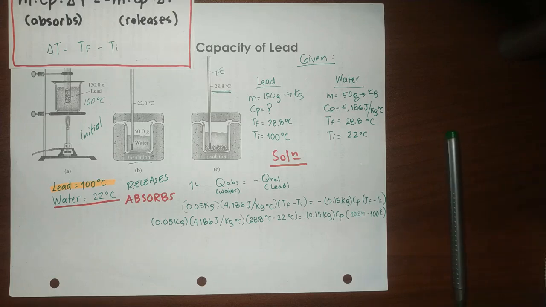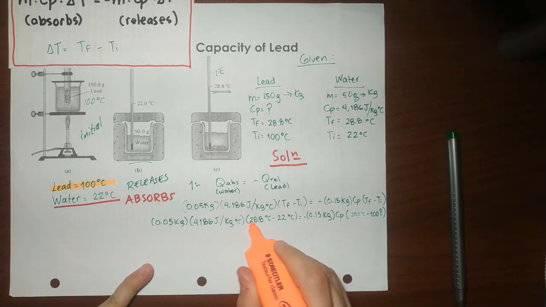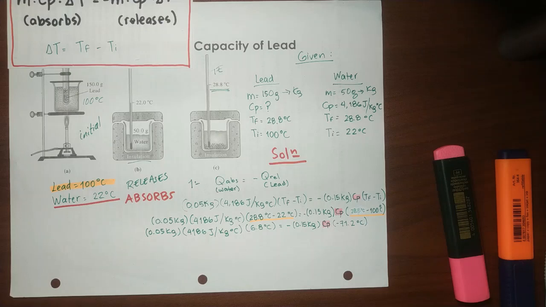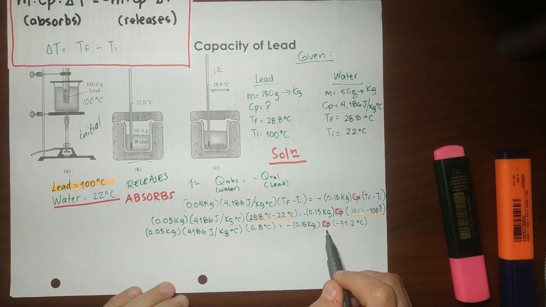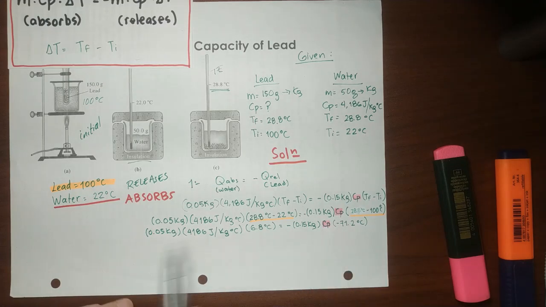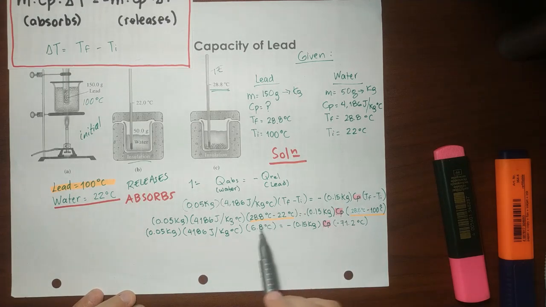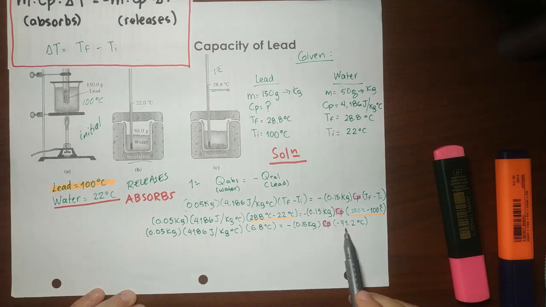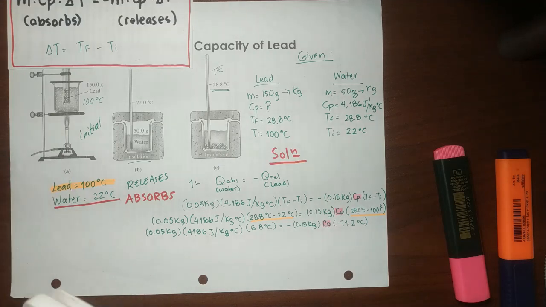Solve for the change in temperature first and then multiply. After you have solved for your changes in temperature, remember that we still need to find the specific heat capacity. After you have solved for the parentheses, subtraction right here and there, here 28.8 minus 100 gives you negative 71.2, and here gives you 6.8. Now do the math in your calculator and write the answer.